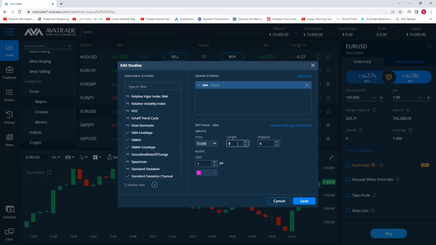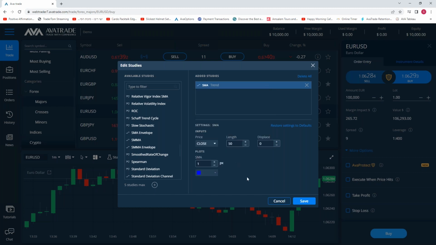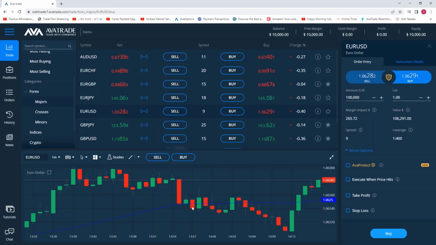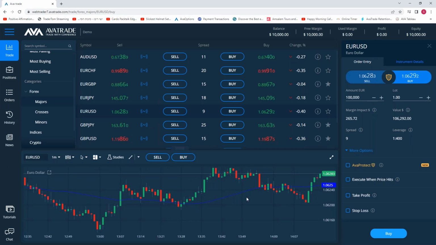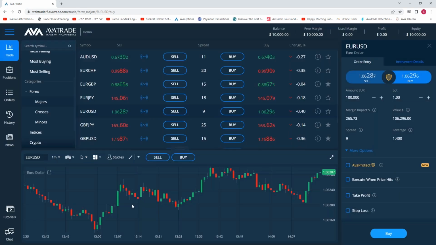Let's say you want to use 50 simple moving average and you want to mark it with blue color, it's very customizable. So the moment you click OK, it comes right here and it stays. Now to remove it, you just come back here, close, and then save, and it's gone. Okay, so as you could see, we didn't find the squeeze momentum indicator.